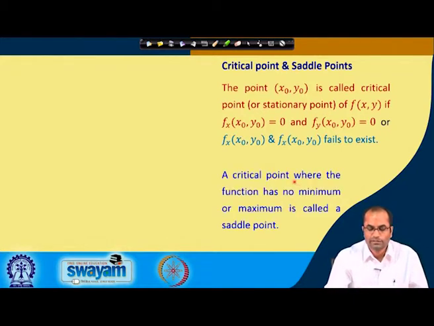And among all the critical points where f_x is 0 and f_y is 0, a critical point where the function has no minimum or maximum is called a saddle point.